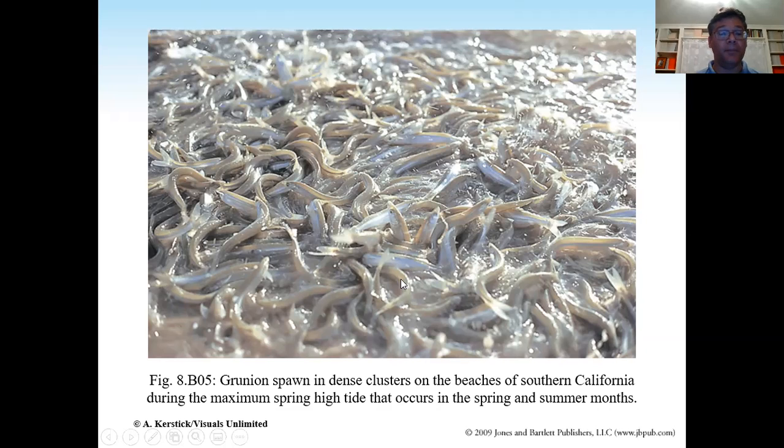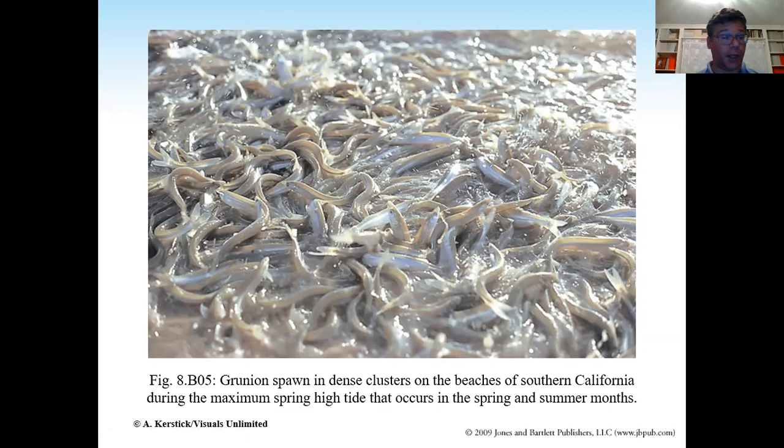Why do that? There are a lot of hungry mouths out there in the ocean. So by burying the eggs at the high tide line, they are safe from ocean predators.